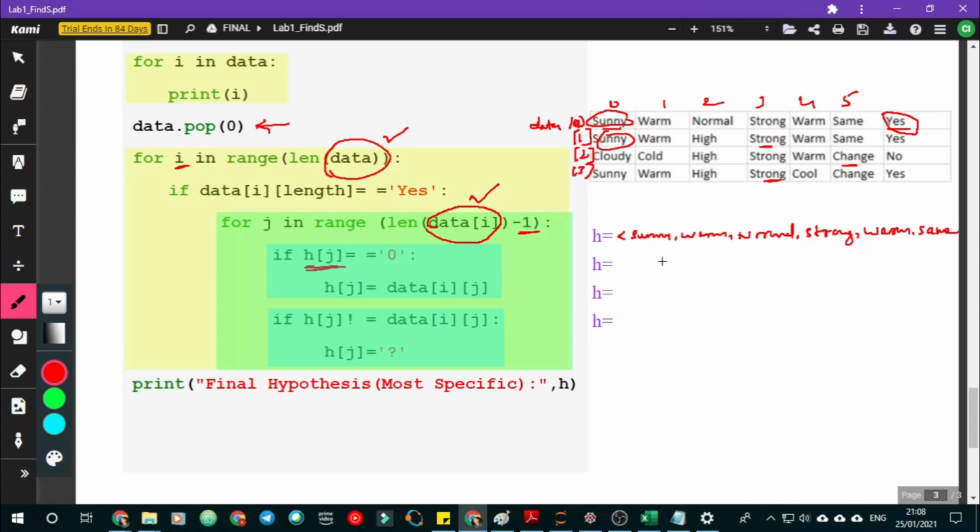Okay, so this is my hypothesis, and after reading, I put it in square brackets so that you can understand it as a list. And all of these are quoted strings.